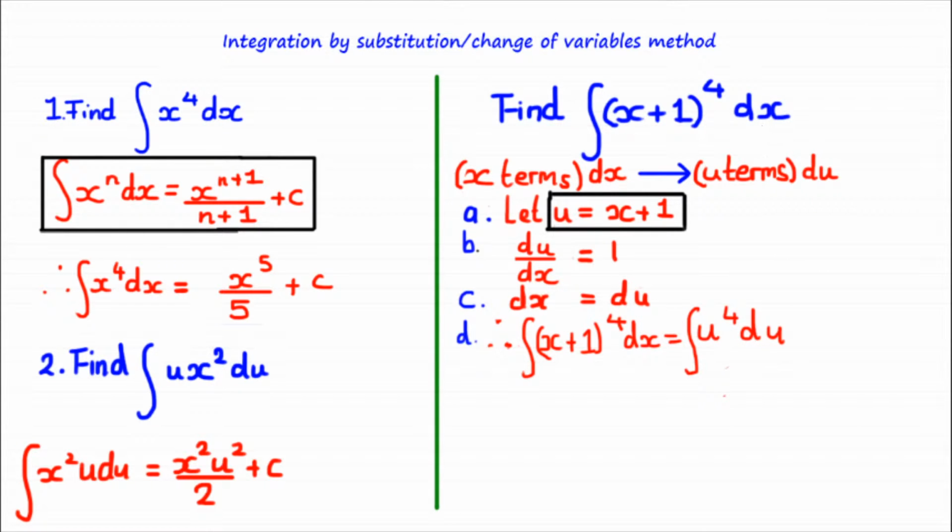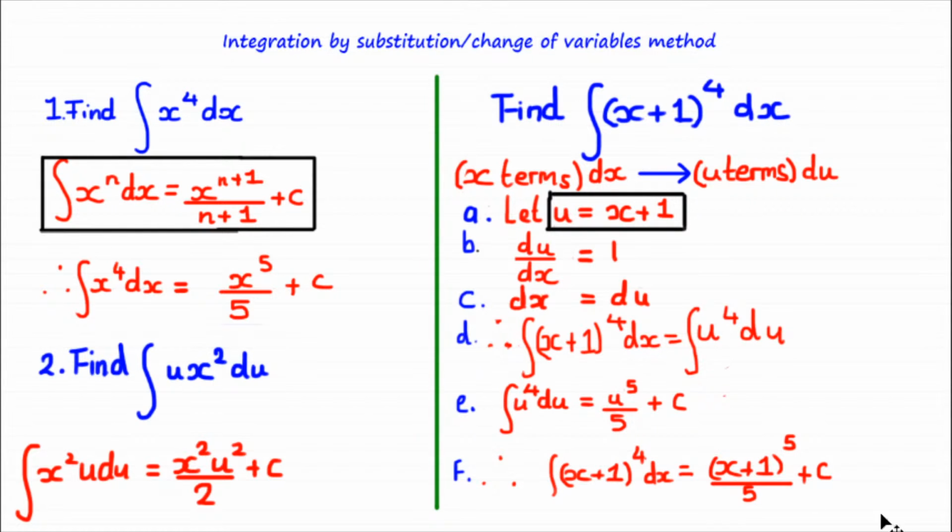So we simply substitute, and now you can see that we've achieved an integrand that's a lot easier to integrate. Integrating u to the power of 4 with respect to u, we get u to the power of 5 divided by 5 plus c. Last but not least, you need to remember to replace your terms.